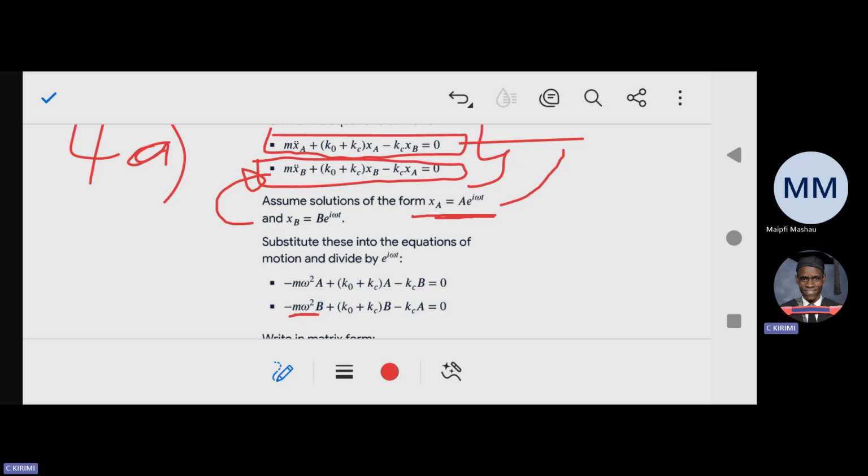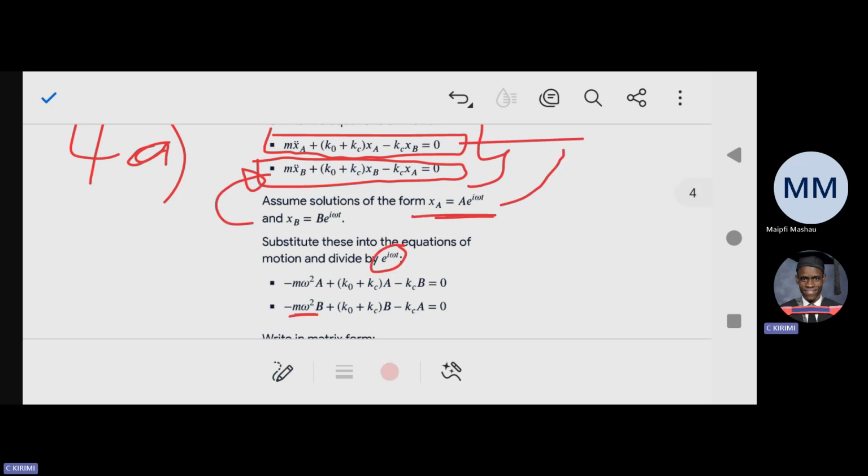Can you see on the equation, there is no e to the power i omega t? It's not there. So you divided the equation by this constant.